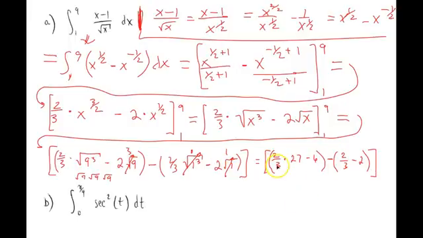And of course, now we know that 3 goes into 27 9 times. So that will reduce to 1, that will reduce to 9. And now we have 2 times 9, which is 18. So that's 18 minus 6 for the first term. And then of course here, we know that 2 is the same thing as 6 divided by 3. So I'll go ahead and replace that. And of course, 2/3 minus 6/3 is going to give us a negative 4/3.